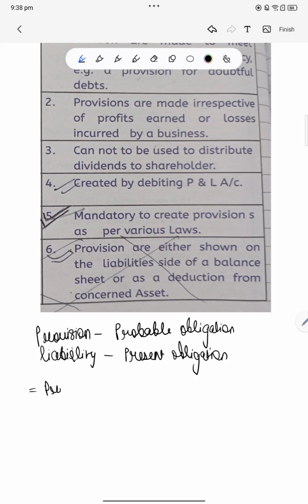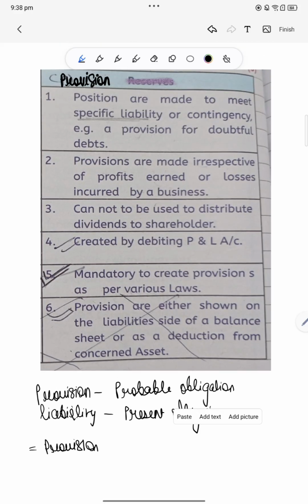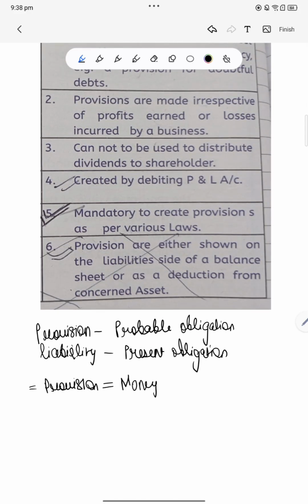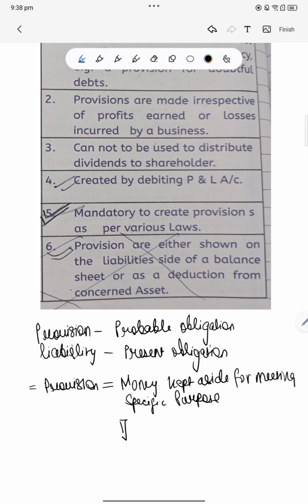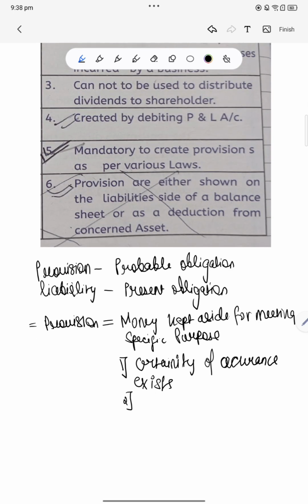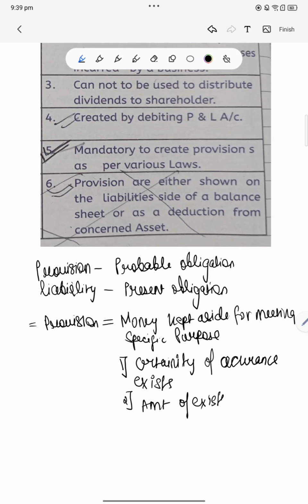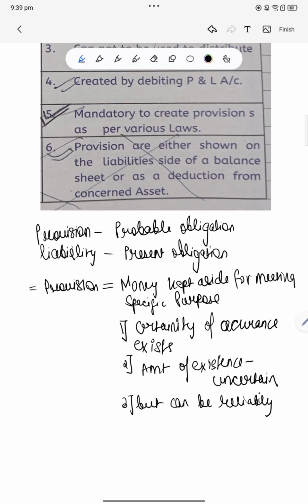Provision basically means, in easier terms, money kept aside for meeting a specific purpose whose certainty of occurrence exists, but the amount is uncertain, but can be reliably estimated.